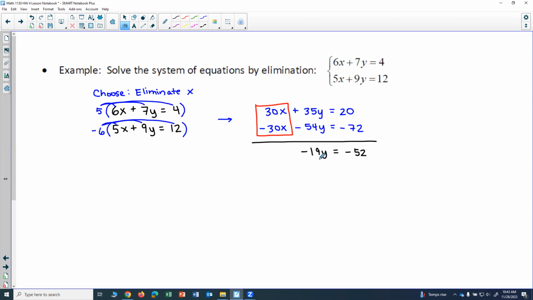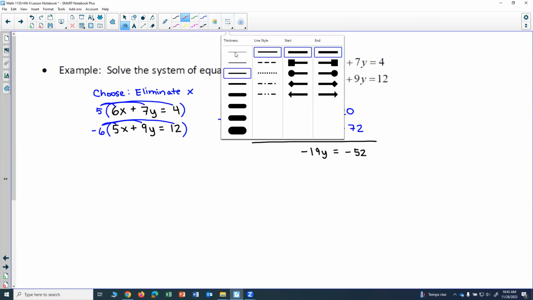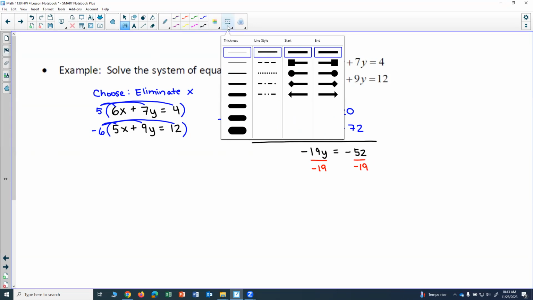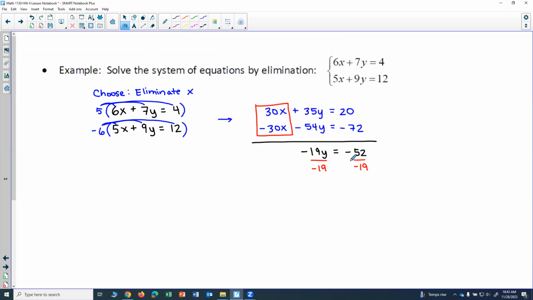So now I'm at the step where I solve for the remaining variable. I'm going to go ahead and divide both sides by a negative 19. And that will give me my y value. Okay, now a negative over a negative gives me a positive.